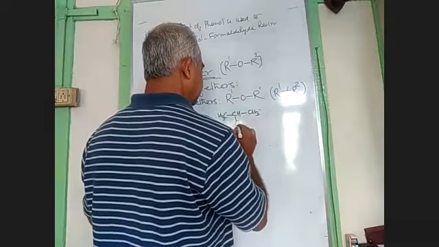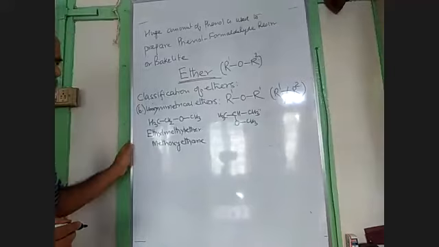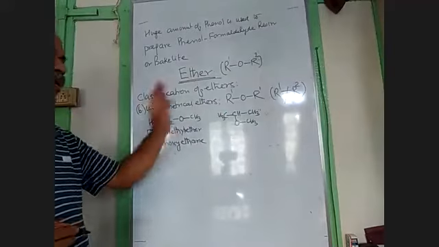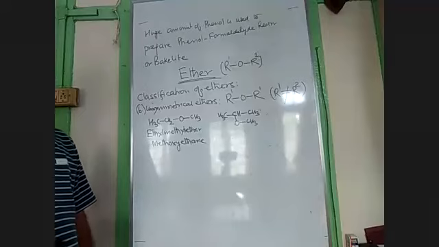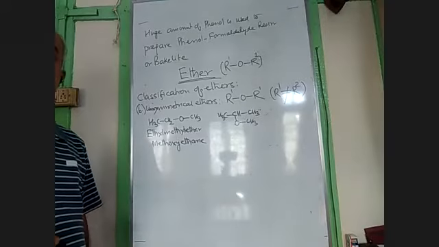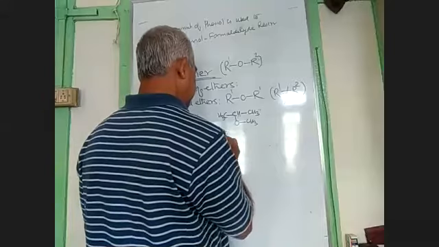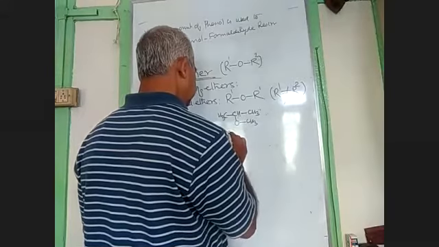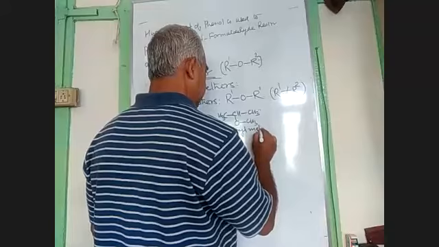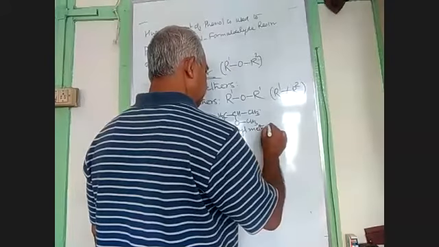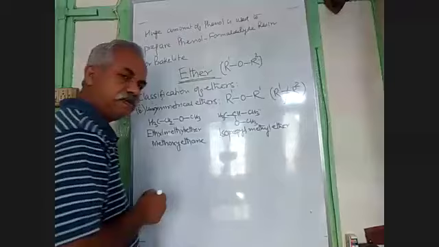Suppose it is written like this: O CH3. One side you have 3 carbons, the other side 1 carbon. We know if it is on the second carbon, you call it isopropyl. So the common name is isopropyl methyl ether. What will be the IUPAC name?